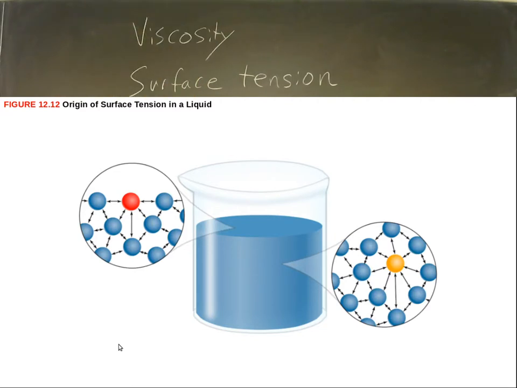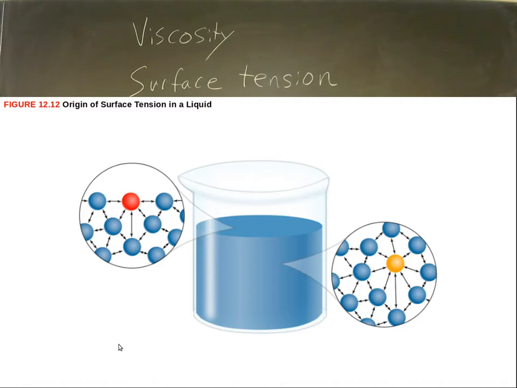If we look at a beaker of water and recognize that it's made up of little tiny water molecules, the water molecules that are at the surface are in a different situation than the water molecules down deep in the middle of it, what we'll call the bulk. So water, remember, has these strong hydrogen bonding intermolecular interactions, and the water at the surface doesn't have as many neighbors.